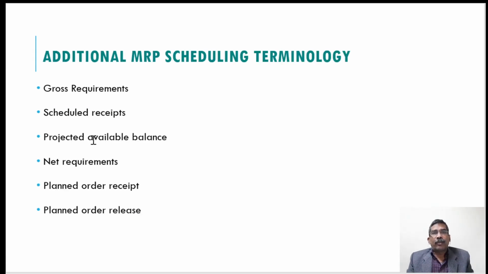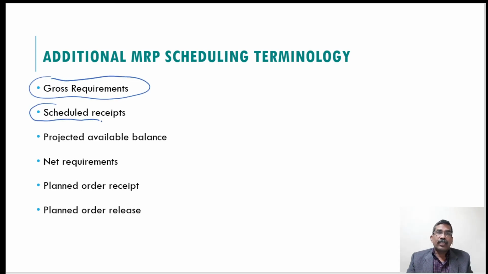Now the gross requirements. Additional MRP scheduling terminology. These are some terms which are used in MRP scheduling. This is the gross requirement. Gross requirements mean total requirements from the market. Then scheduled receipts, which are to be received in the coming days. Then projected available balance.